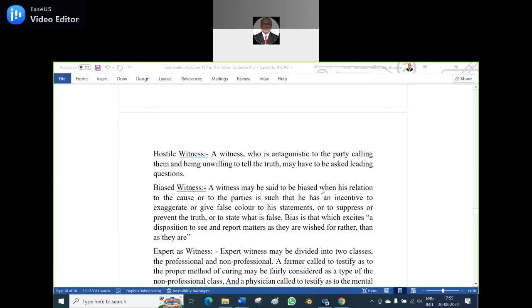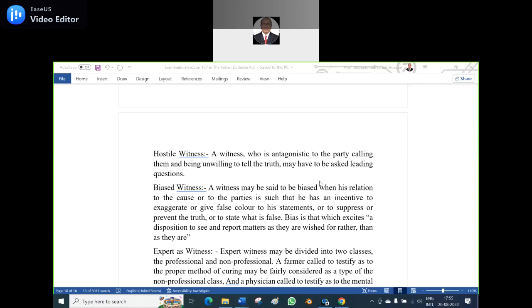Now let us come to the hostile witness. A witness who is antagonistic to the party calling him and is unwilling to tell the truth. He doesn't want to reveal the truth and may have to be asked leading questions. In any form that you ask, he will not give the truth.